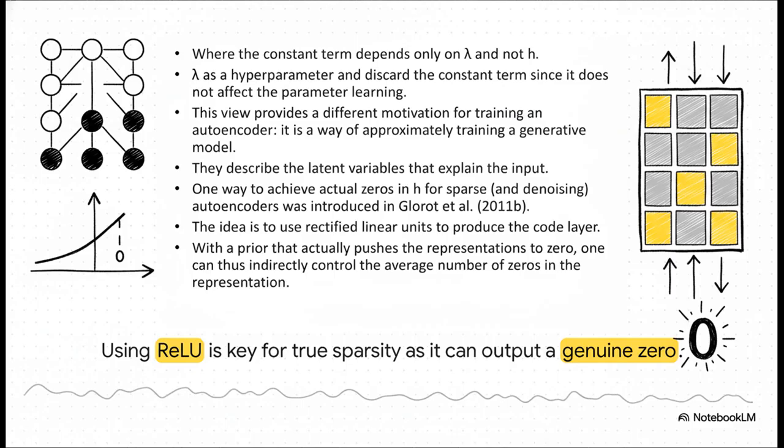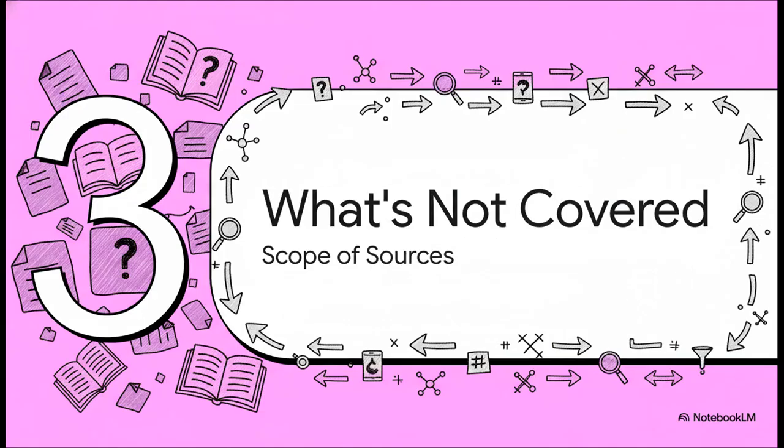If the input is negative, the output is just zero, a hard zero. This is huge. It means a neuron can be completely switched off. This is exactly what we need to achieve that sparsity we were talking about before. It gives the network the ability to say, nope, this feature isn't important, and just shut that neuron down, forcing it to be efficient.